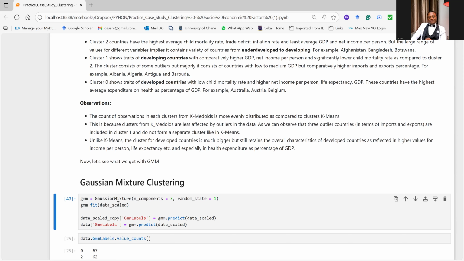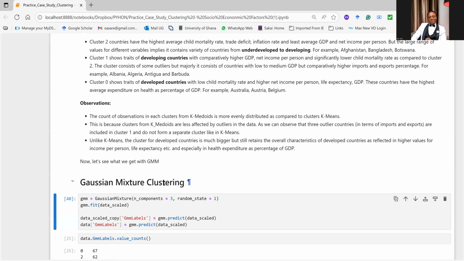So let's start with this command here, the Gaussian mixture clustering. What is the Gaussian mixture clustering? You guys know that we spoke about it during the theory part.